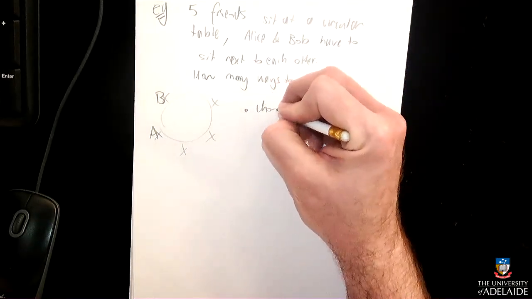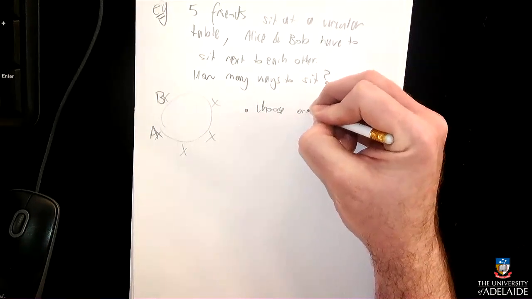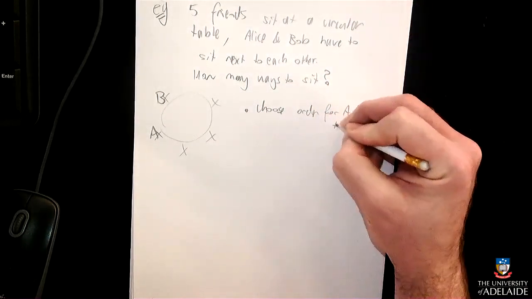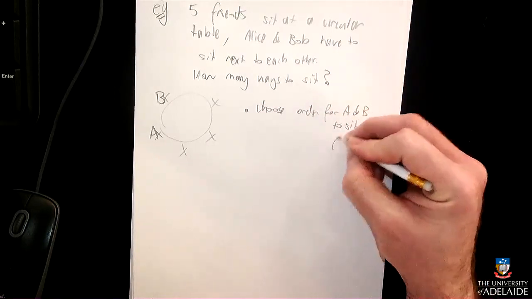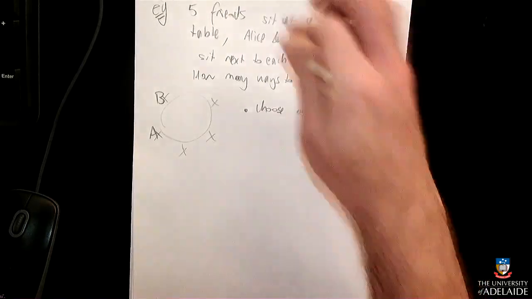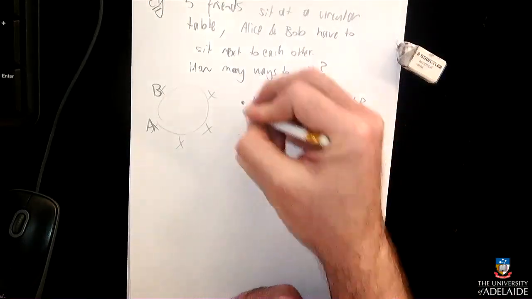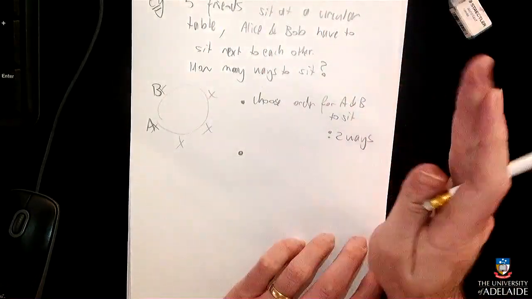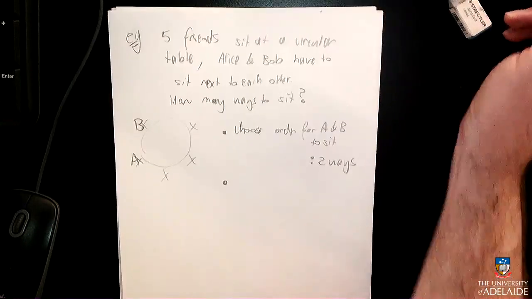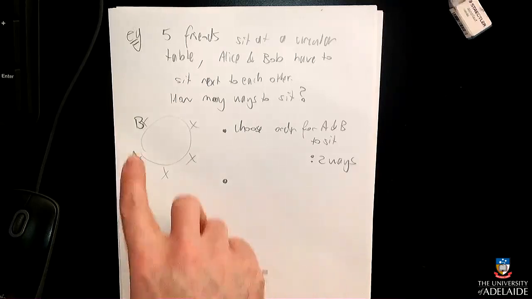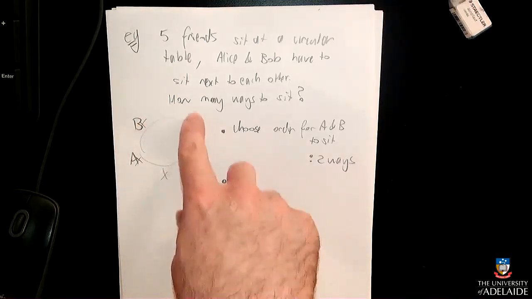So choose which happens in two ways. And then I would need to choose where everybody else sits. And I guess once I've chosen where Alice and Bob are, these are perfectly ordered.